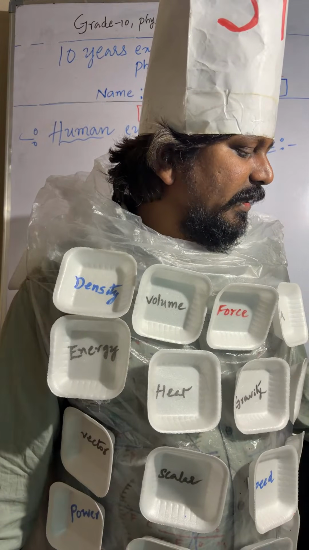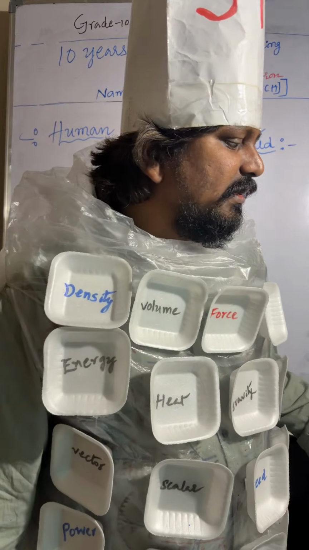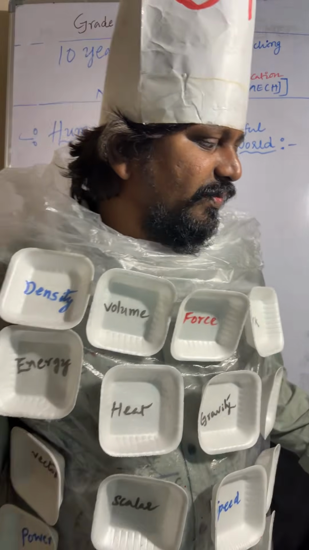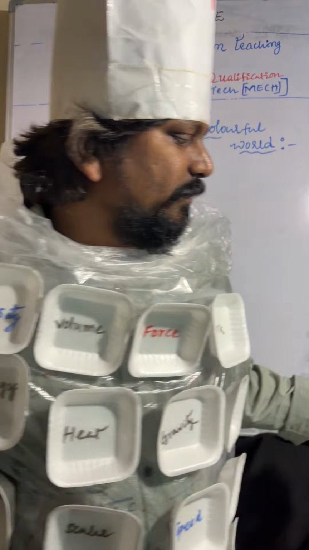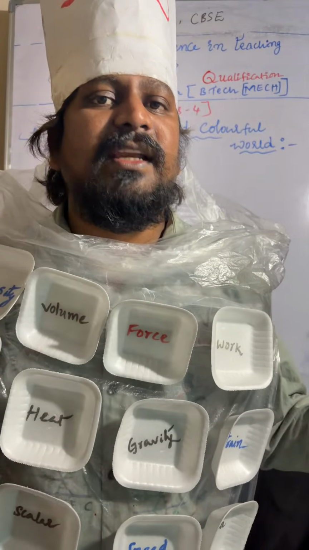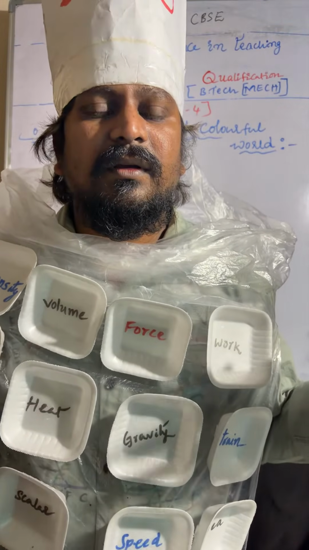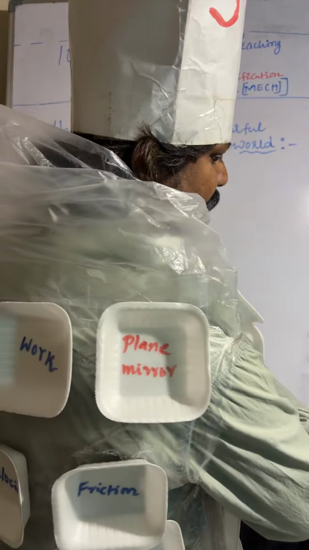I hope it is very clear, right? So let's start: human eye parts and function. Drawing a human eye is very easy, very simple. I will draw it and show you. Here I am drawing.